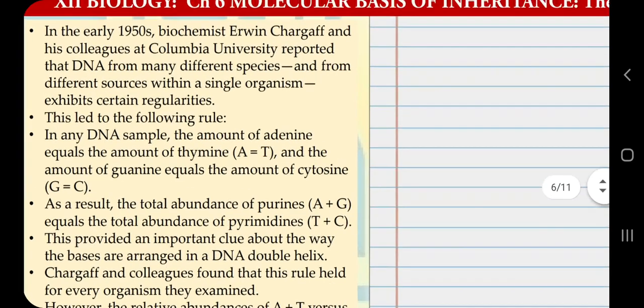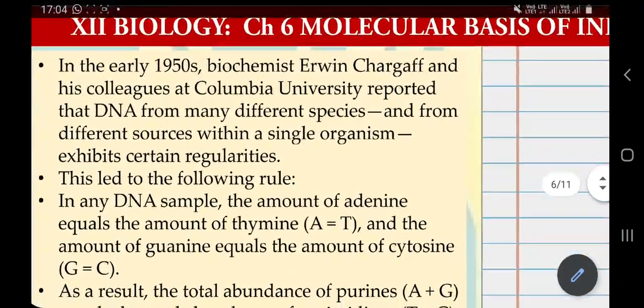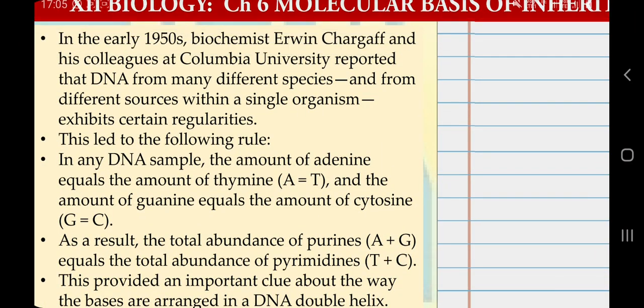In the 1950s, one scientist, Erwin Chargaff, gave some rules about the structure of DNA, even though he did not know the structure of DNA. But many scientists worked upon DNA, and then the structure was unfolded.